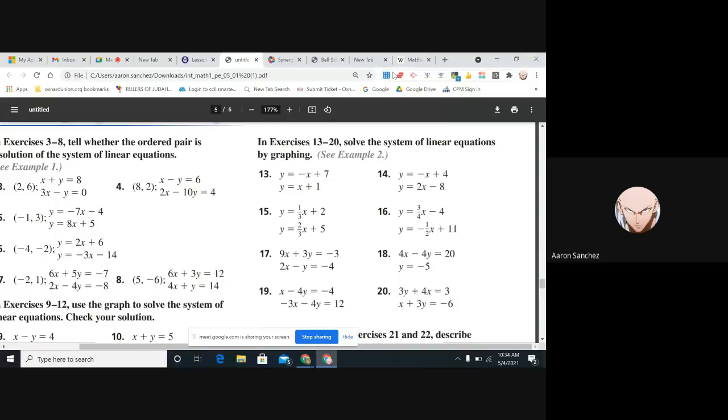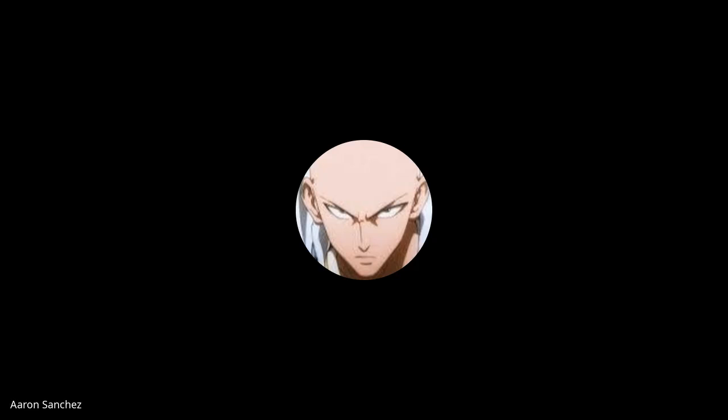Y equals negative x plus 7 will be my green, and then red will be y equals x plus 1. Let me know if you can see those two equations. We're going to figure out the system of equations of those two linear functions. But make sure you can read what I have here.